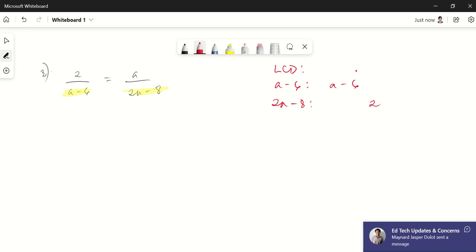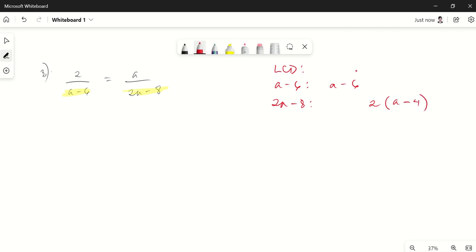And if you factor out the 2, the remaining factor would be a minus 4. It's not the same as the factors of our previous denominator, so we do not align that. Bring down a minus 6, 2, and a minus 4. So that is now our LCD.